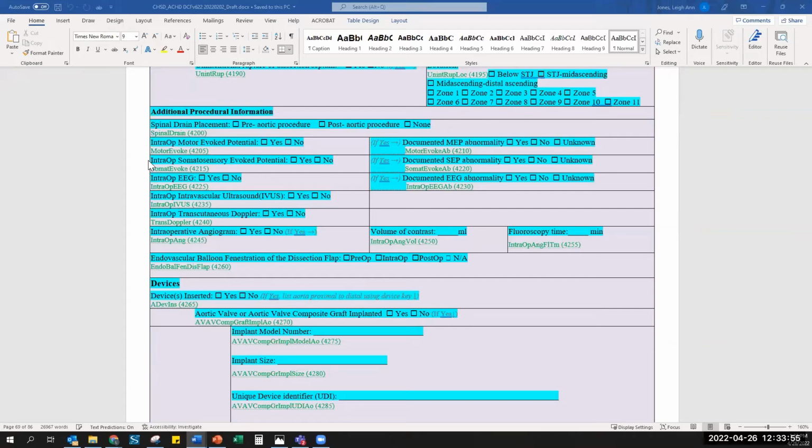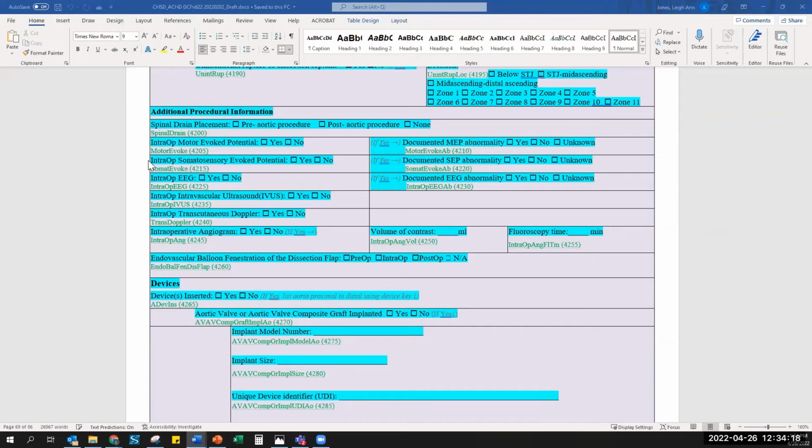And if you use this, was there a documented abnormality? And I'm sure you're seeing a trend now. You can have spinal cord injury during some of these aortic procedures, and so this is why this monitoring is in place and used.